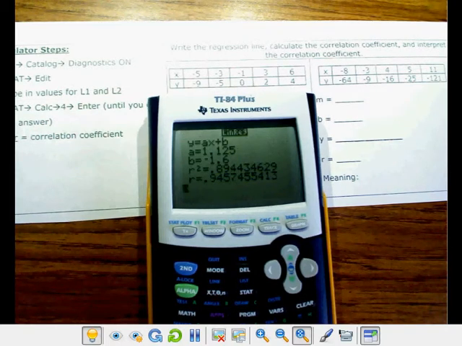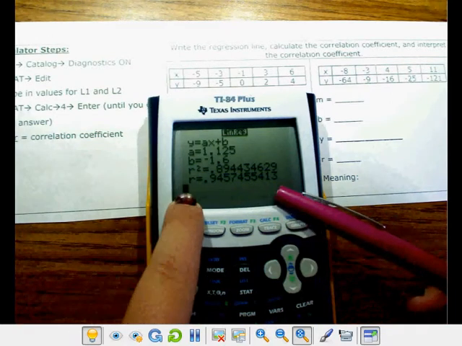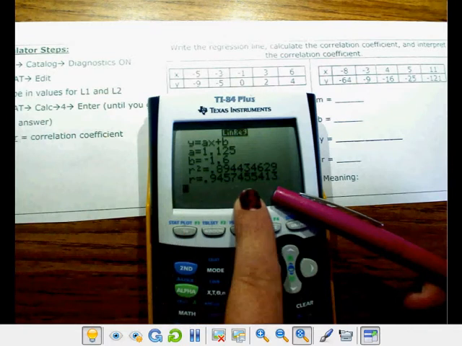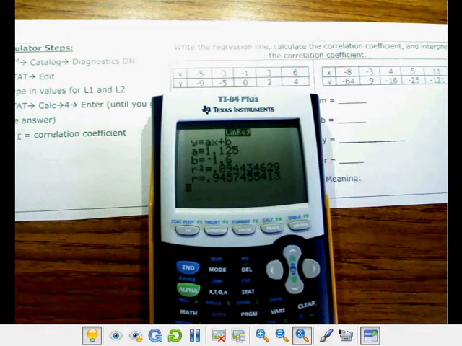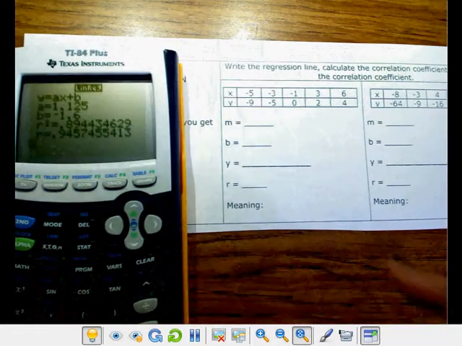Because I turned the diagnostic on, I've got 2 extra little numbers. I've got R squared and R. Our correlation coefficient is R. That number is going to tell me whether it's a weak or strong correlation, whether it's a positive or negative correlation, okay? So let's go ahead and copy on our papers what we see here.